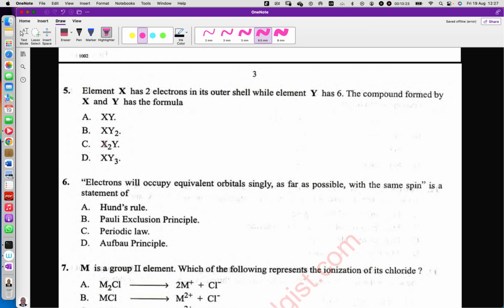For element X to have 2 electrons in its outer shell, it shows that element X belongs to group 2 of the periodic table. Let me do some work here for you.